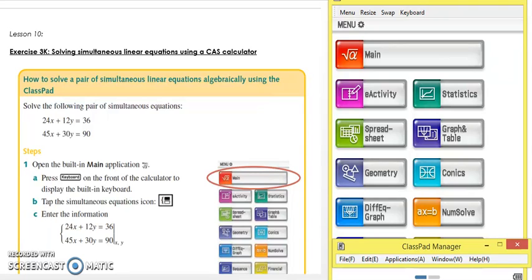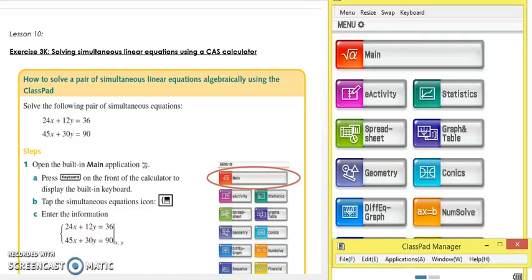This is lesson 10 from chapter 3, exercise 3K, solving simultaneous linear equations using a CAS calculator. In our previous exercises, we have been looking at solving simultaneous equations visually, where they intersect on a graph, graphing it on a CAS calculator, and solving them simultaneously the algebraic way, which is the tedious way.